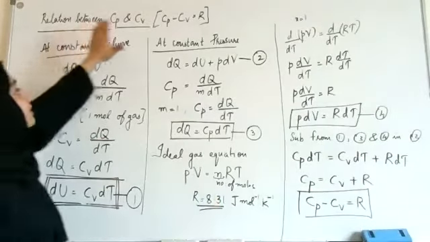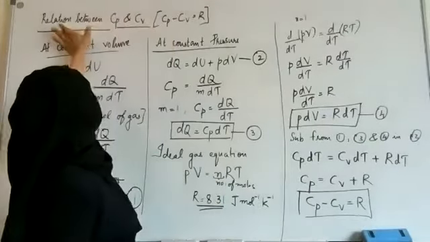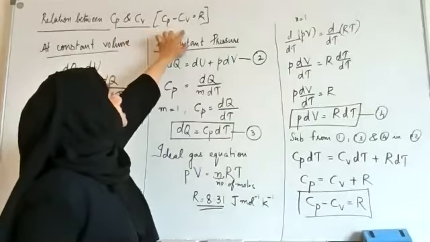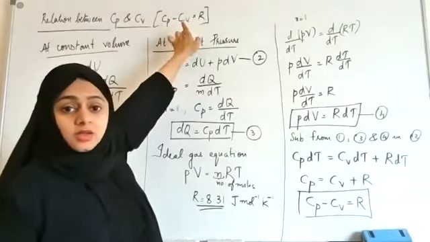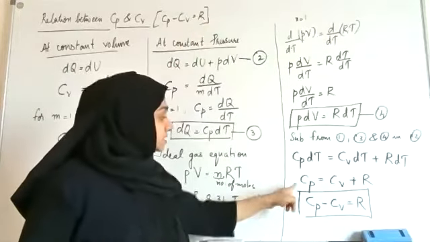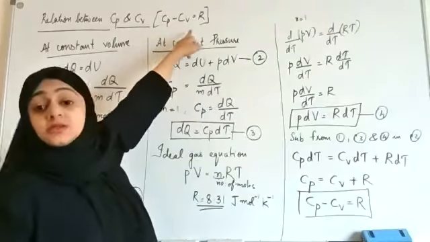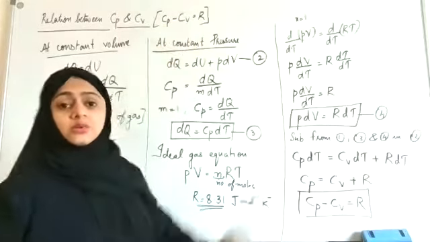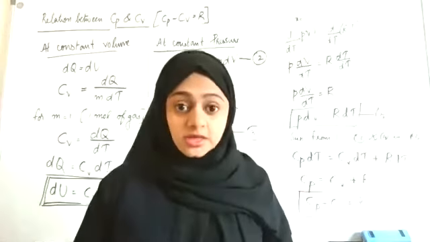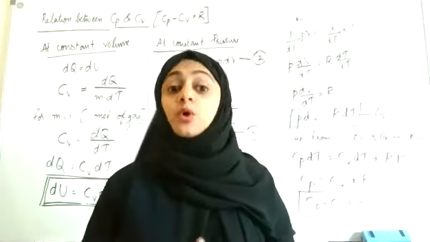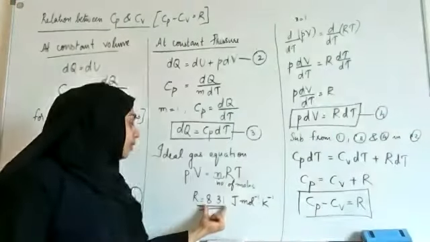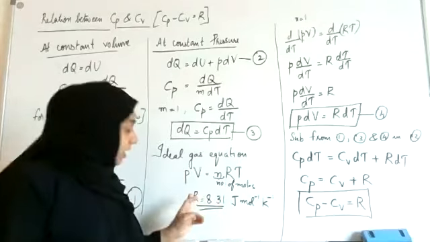So you have to remember this equation, that the relation between Cp and Cv is Cp minus Cv is equal to R. See, always Cp is equal to Cv plus R, which means Cp is bigger than Cv. So also by equation, you can show that Cp will always be bigger than Cv because we know that R is a positive quantity which is a constant value, 8.31.